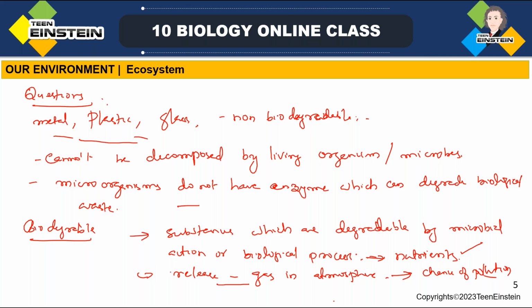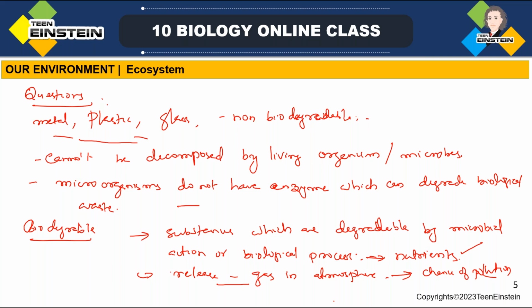So these are the points as an introductory part of ecosystem we need to learn. From here you are getting many 1 mark questions like pollutants, what is pollution, and examples for pollution. There is biodegradable waste, non-biodegradable waste.